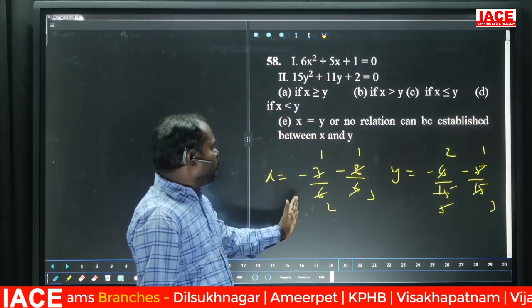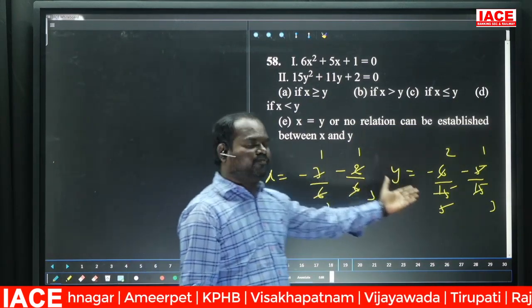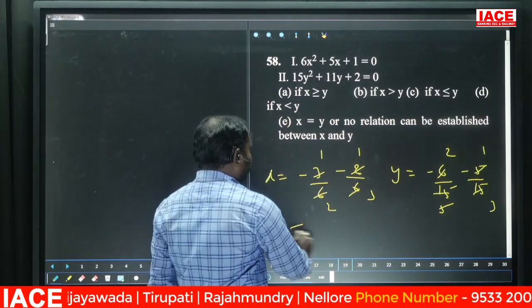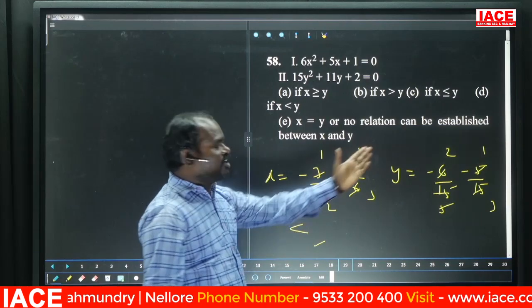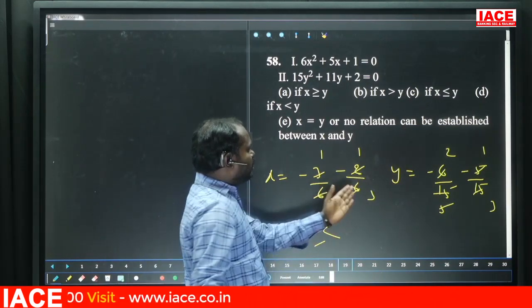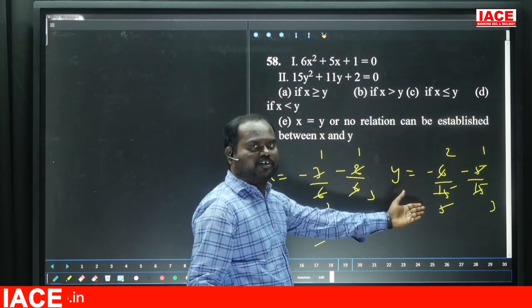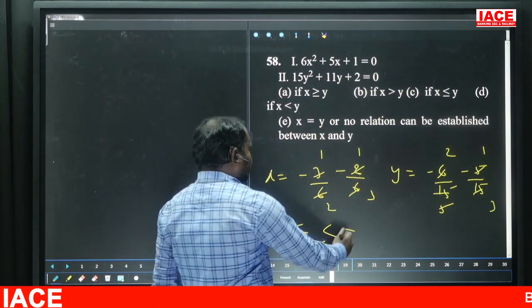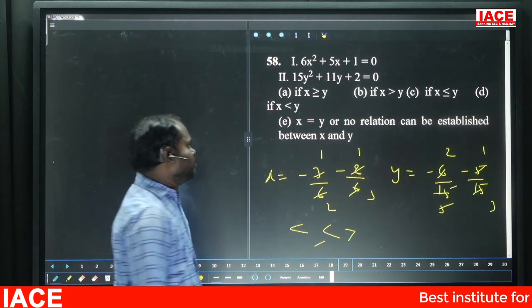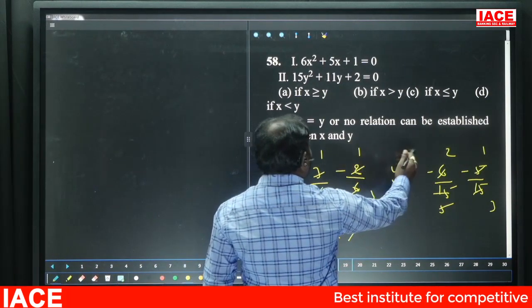Minus 1 by 2 is nothing but 50 percentage, minus 40 percentage in terms of negative, so it is less. 50 percentage compared to 33.33 percentage is less only. Minus 33.33 percentage compared to minus 40% is greater because of negatives. Whenever one is lesser and one greater, we can't say, relation cannot be established.